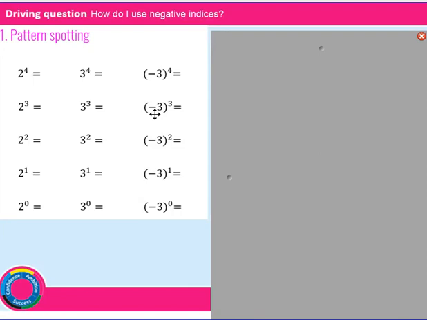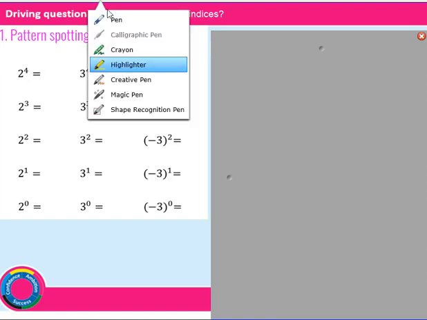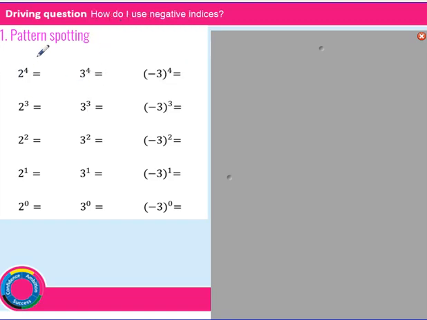Okay, I'd like you to watch and pay close attention here and look out for a pattern as I'm answering these questions. You guys should know how to answer these anyway. 2 to the power of 4 is 16. 2 to the power of 3 is 8. 2 squared is 4. 2 to the power of 1 is 2. 2 to the power of 0 is 1.